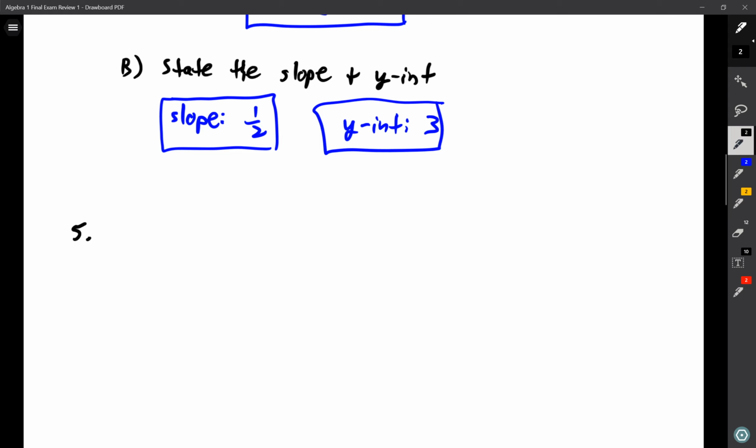Find the slopes of, and then we're given 2 equations, and determine if they are parallel, perpendicular, or neither. So find the slopes of 3x plus 5y equals 10.